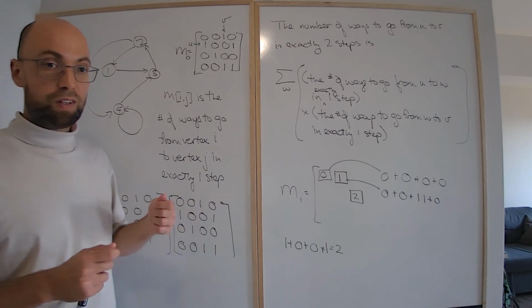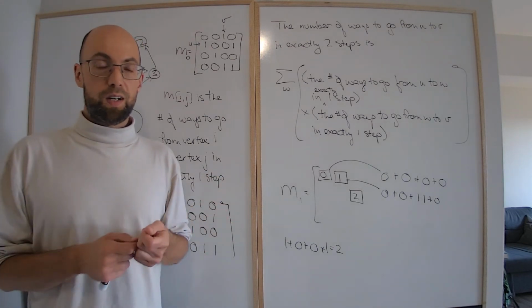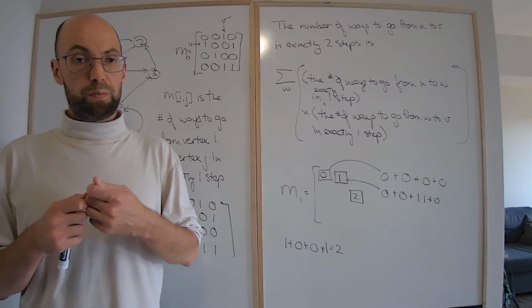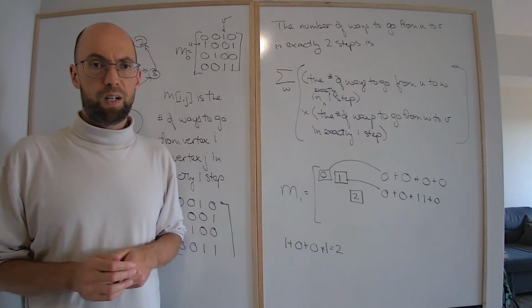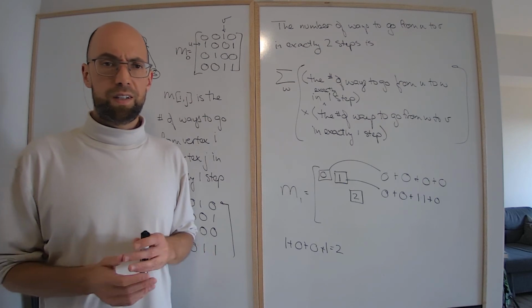Then it's just the number of ways to go from U to W times the number of ways to go from W to V, and then you sum over W. So nothing hard.